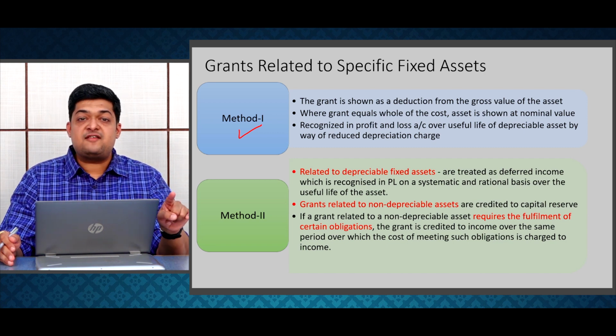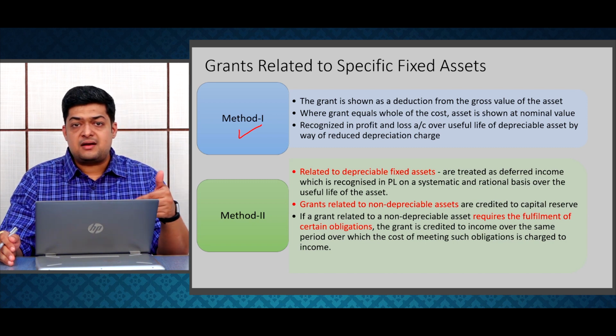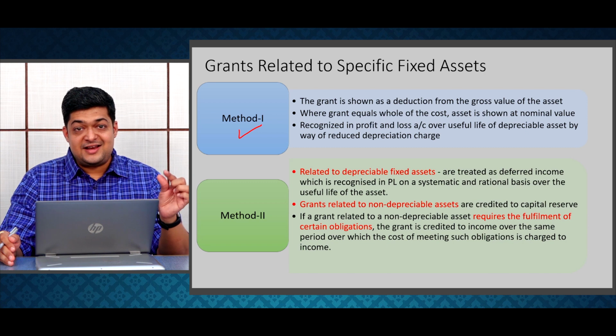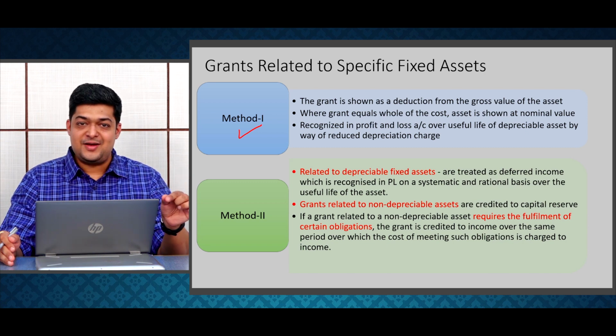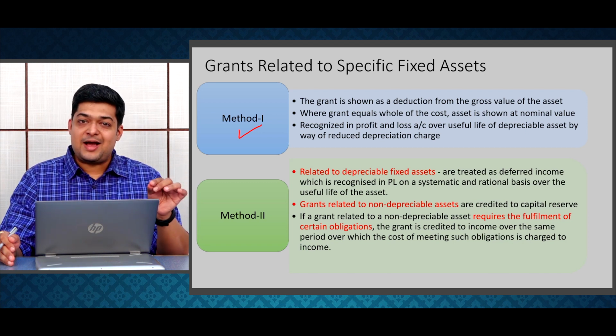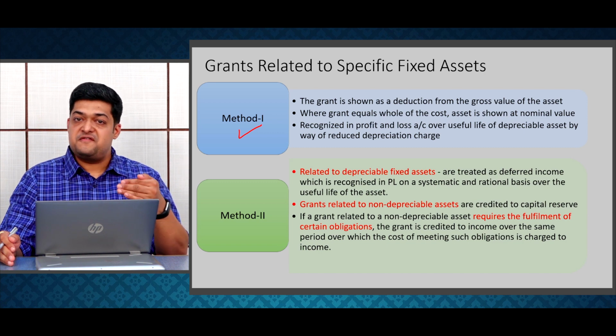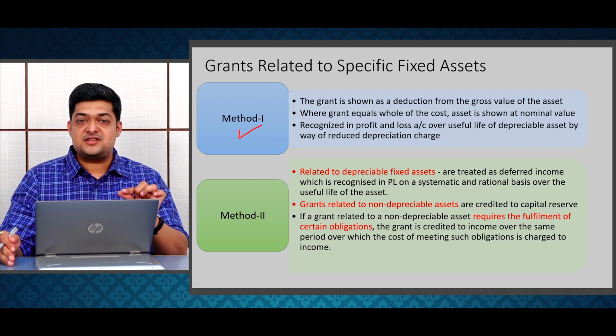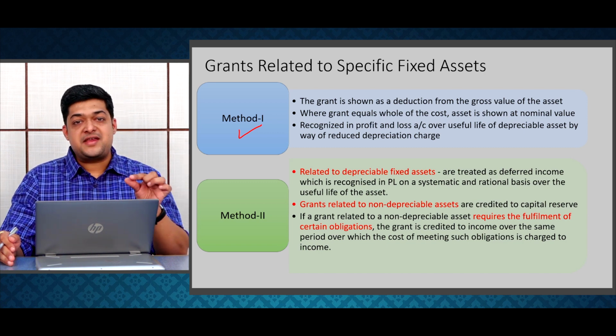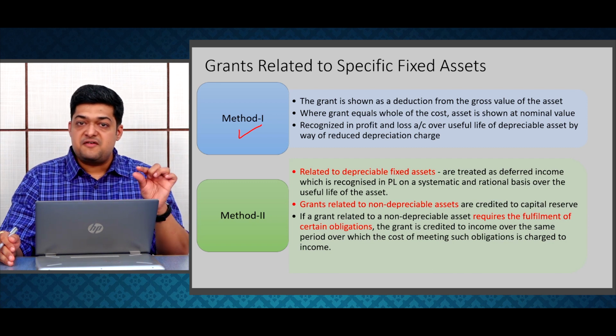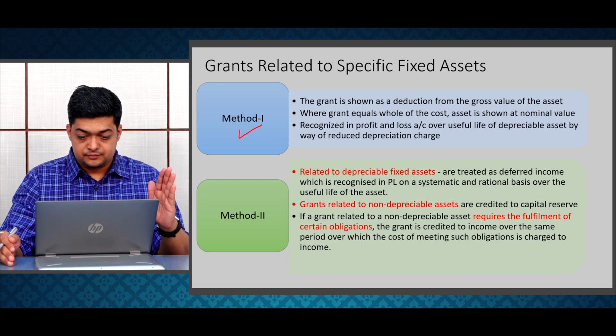So the first entry that will be passed for 100 crores is fixed asset account debit to bank 100 crores, and then when you receive this subsidy or grant, what you will do is bank account debit to fixed assets 50 crores. So now your fixed asset will be 100 crores minus 50 crores, so that would be 50 crores.